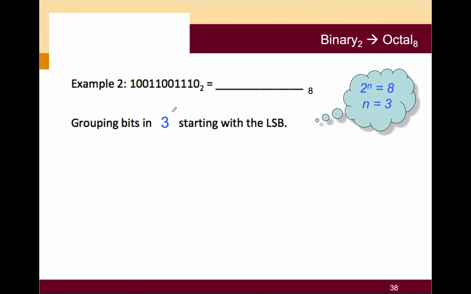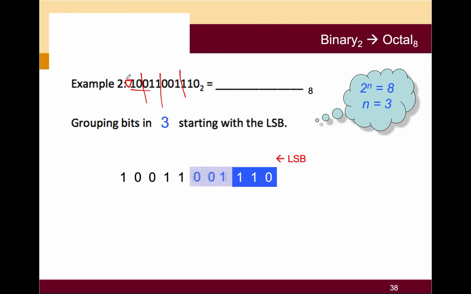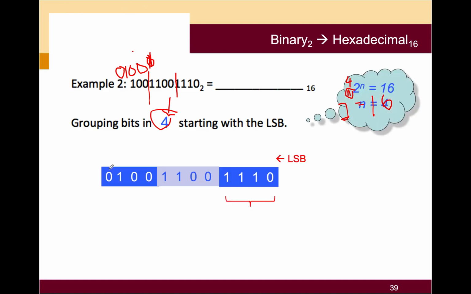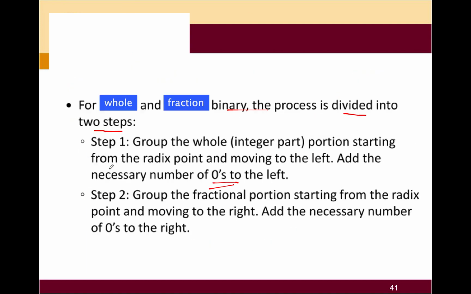If you need to group it into 3, you have only 2 bits over here, so please put 0 in front. Like this example, you need to put 0 in front. So go back to our slide. This is the meaning of step 1.